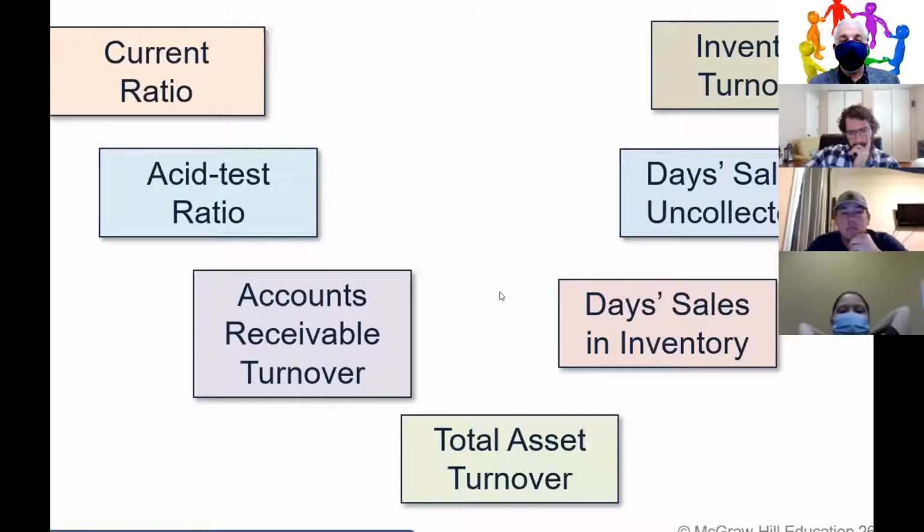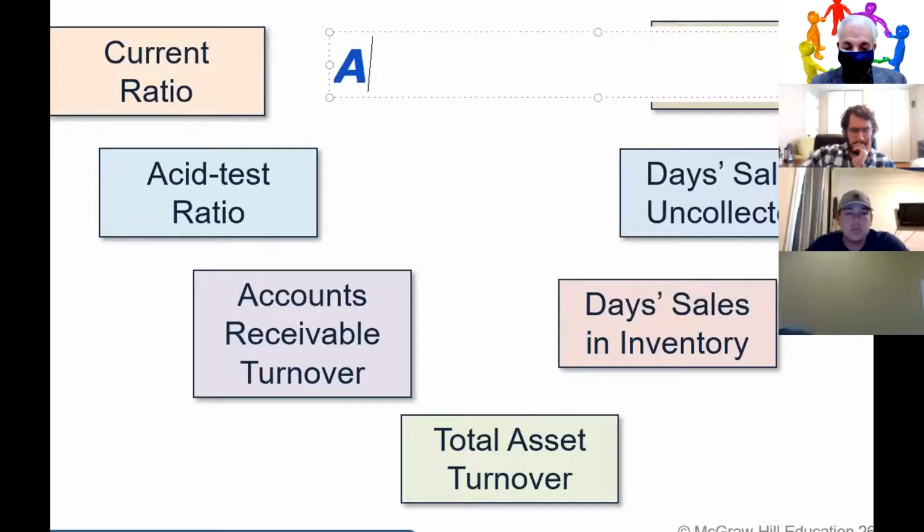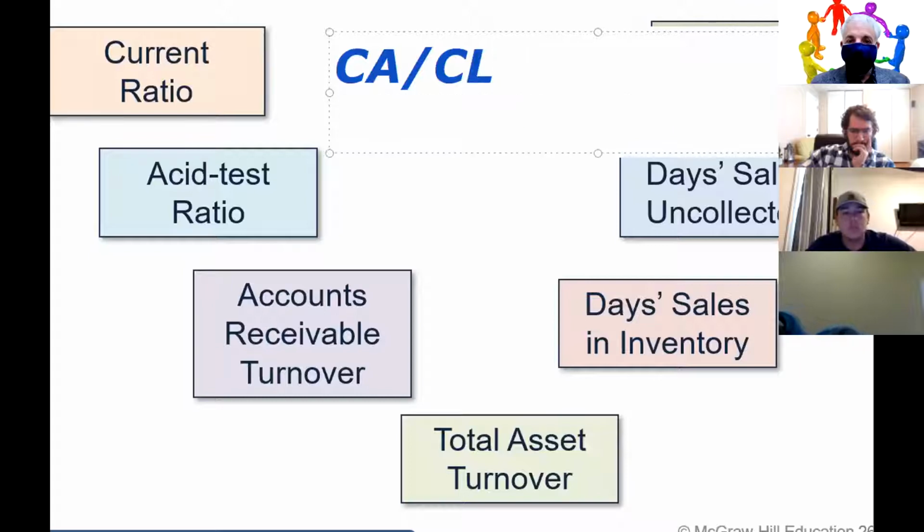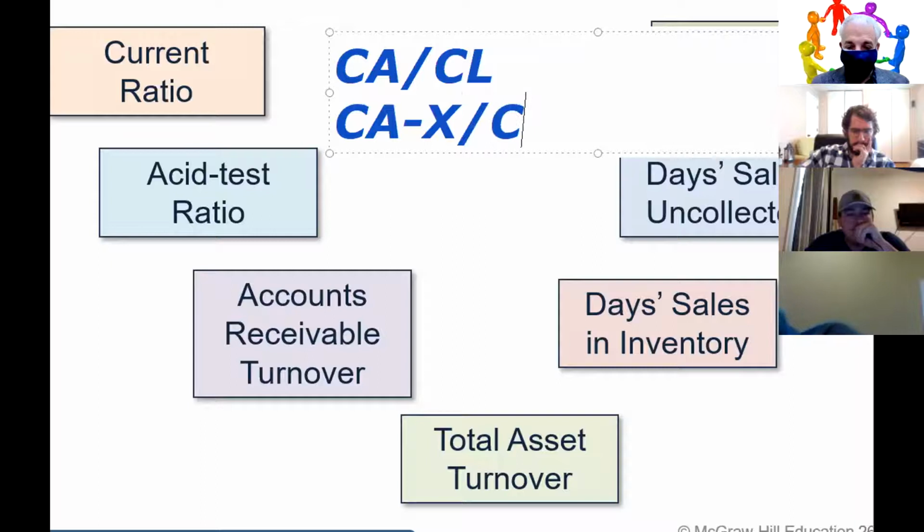You're trying to do the depends trick on me. This is one of the few times it doesn't depend. Think about it, the current ratio, if we draw it out, is current assets over current liabilities. The asset test ratio is current assets minus, I'm going to put X here for now, divided by current liabilities.